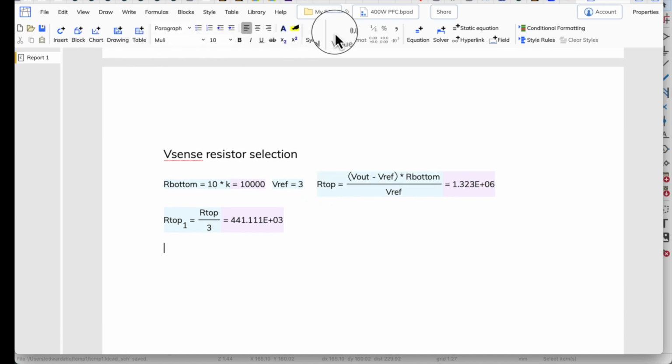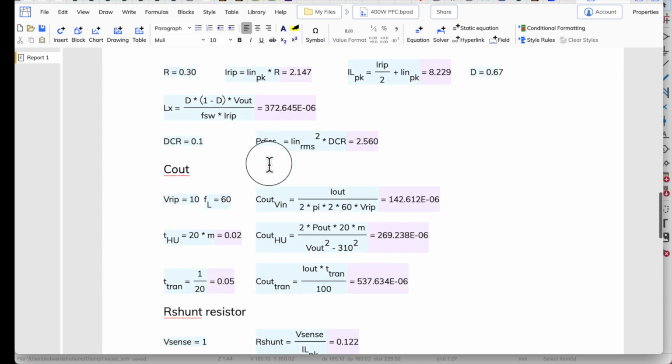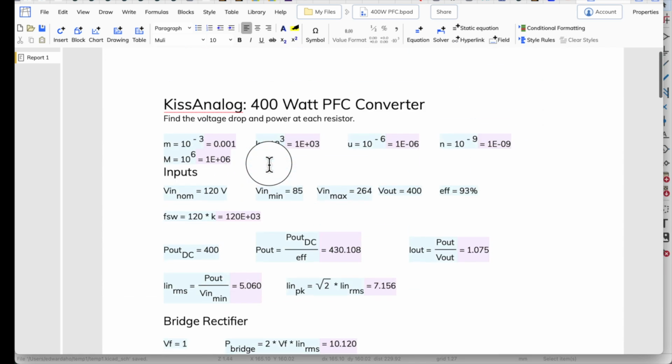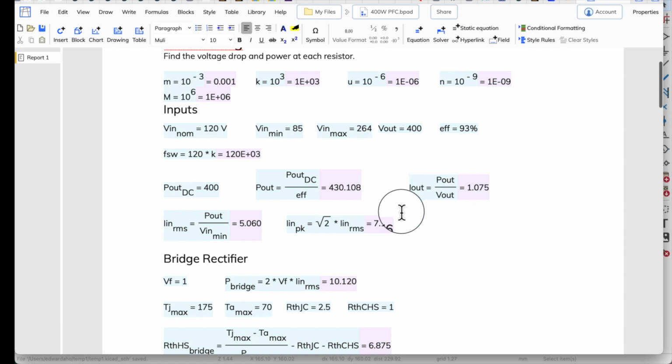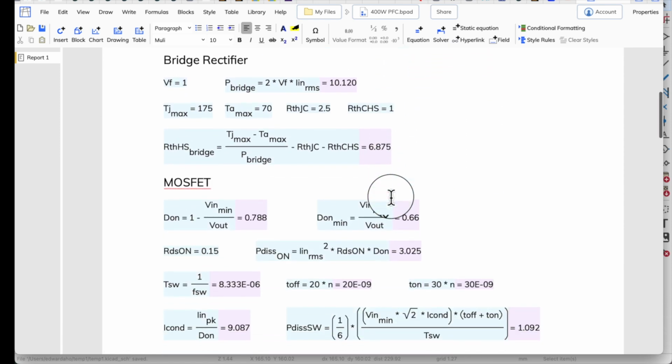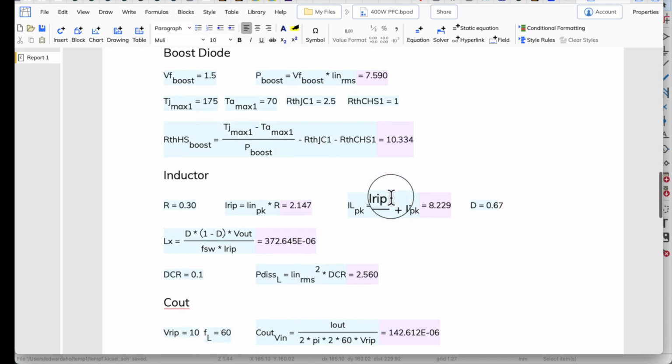I need to learn how to use all these things, like what is a block. Obviously, we know what a chart is, and we can do a 2D drawing. So you can do some drawings and other things to show what you're trying to calculate. I could insert a picture of the circuit that I'm trying to calculate. That helps too. So this is a nice notepad, and you can extend it to pictures of the schematic and stuff like that, so you can see what you're calculating for each stage.